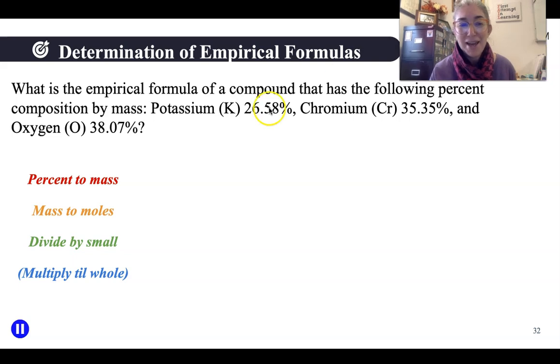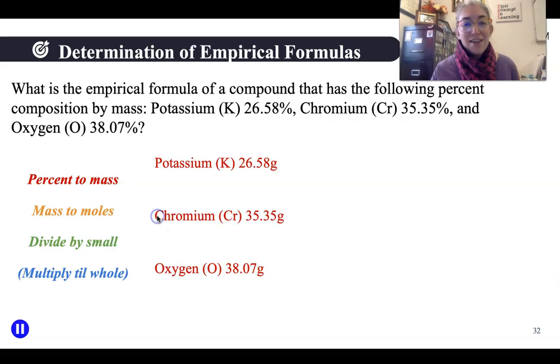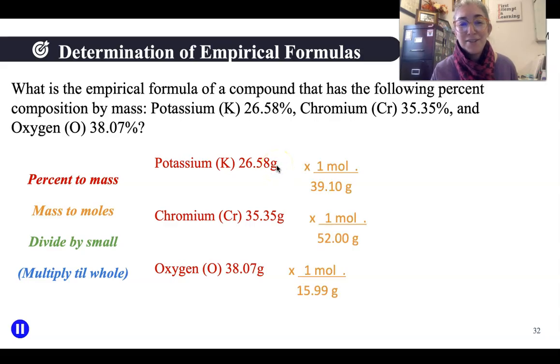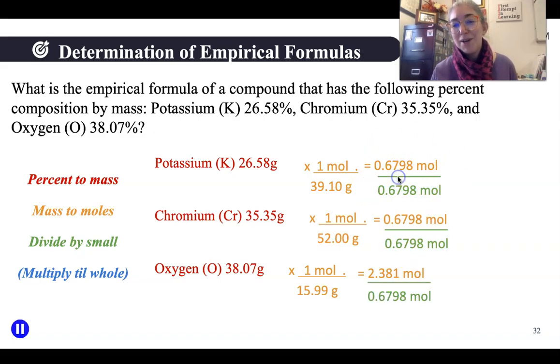It was percent to mass. So if you are given a bunch of percentages, you just turn the percent symbol into gram symbol, and then mass to moles by dividing by the molar mass. And you get the number of moles, and then you divide them all by the smallest number.